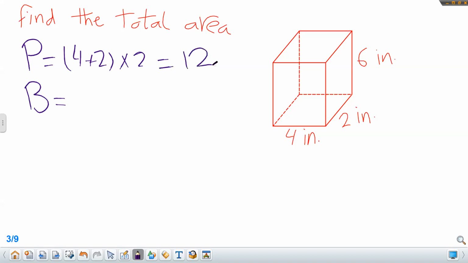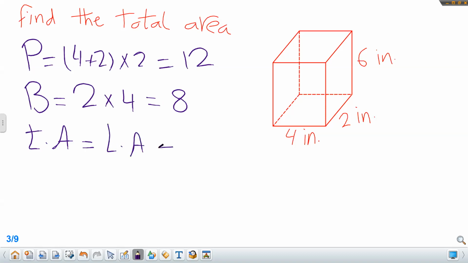Then what about base area? What's the area of a rectangle? Length times width, 2 times 4. It will be 8. Now you can find total area. Total area is the lateral area plus 2 times base area. Lateral area is the perimeter times height.